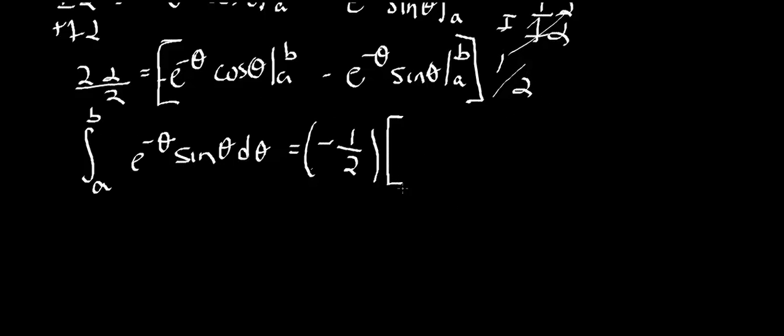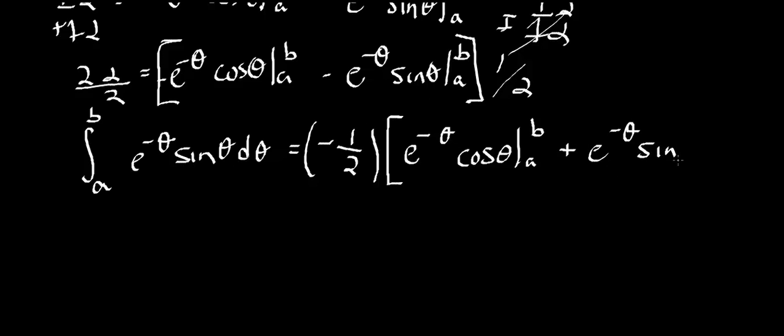There's a negative sign in both cases. This becomes e to the minus theta times cosine of theta from a to b. Well, if I factor out a minus sign, then this becomes plus e to the minus theta times sine of theta. Oops, and that's evaluated from a to b.